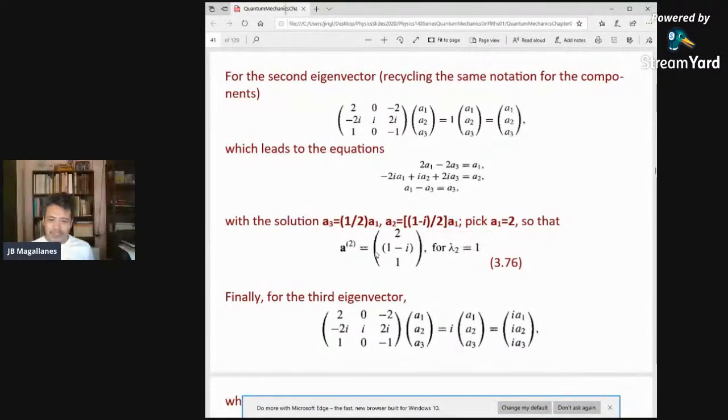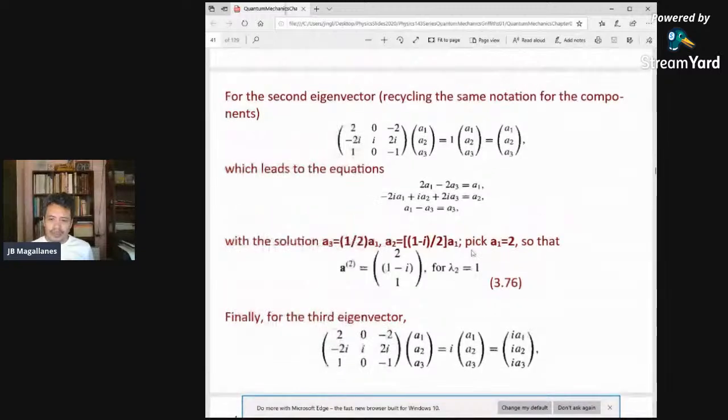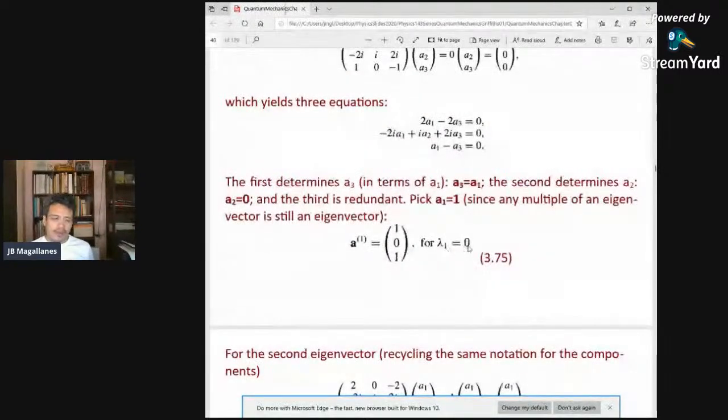So this is your eigenvector. This is for lambda equal to 0.